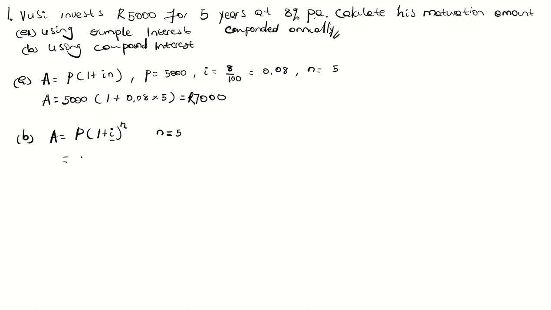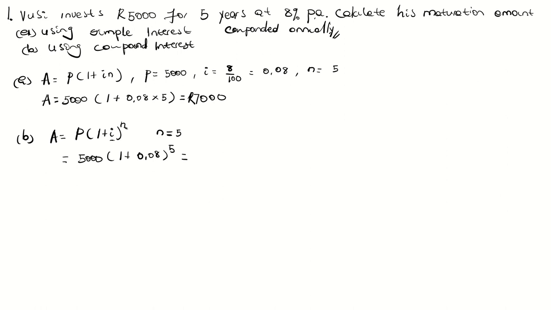So we just do substitution into the compound interest formula, and our P is 5,000 Rand, and we have 1 plus 0.08. We take that to the exponent of 5, okay?